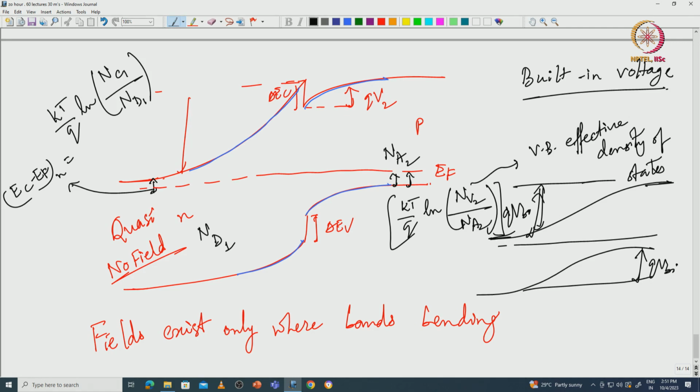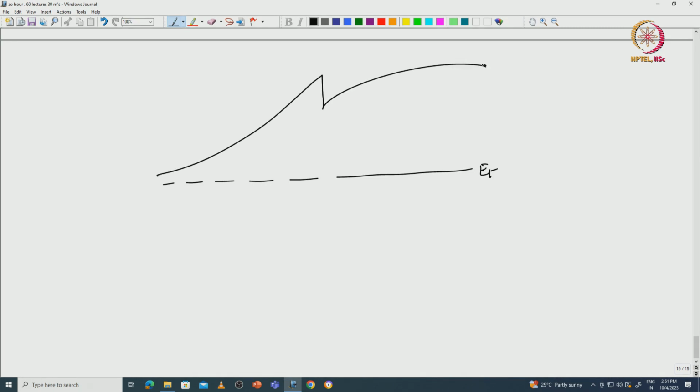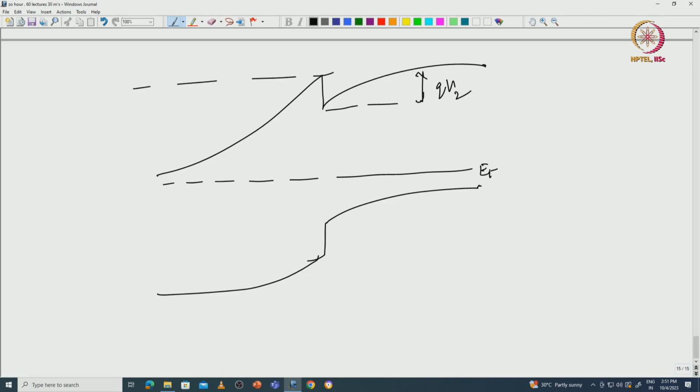Now, the way to go about finding out the built in potential of this kind of a heterojunction is that I will draw it again. Suppose this is your Fermi level, and you have something like that. I know that this band bending is suppose QV2, and this band bending is QV1.